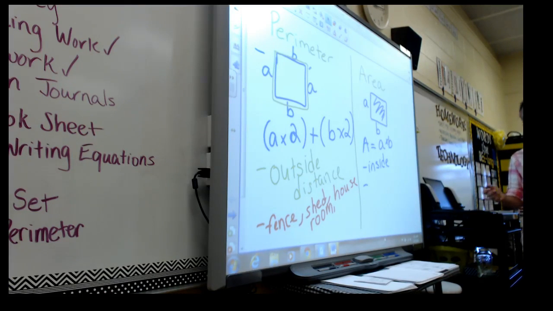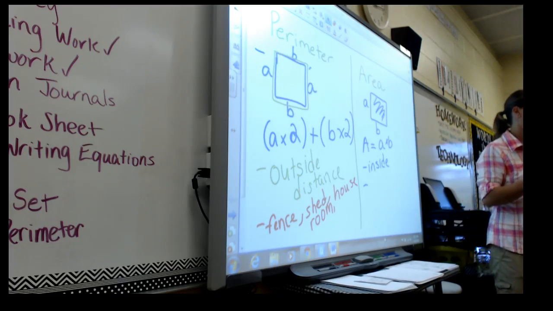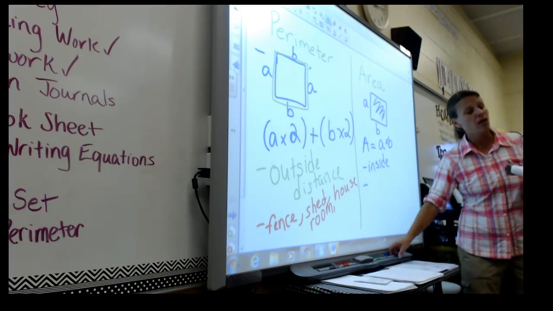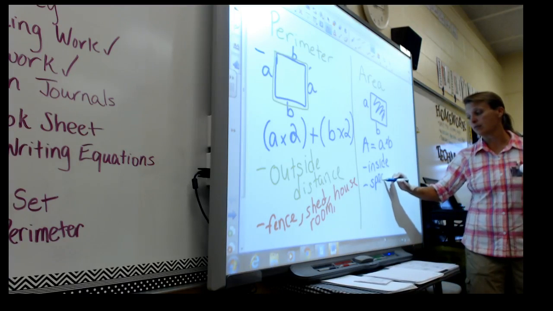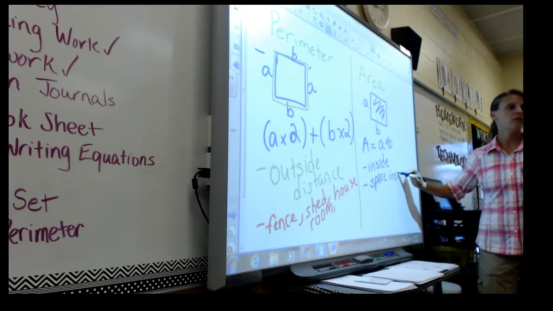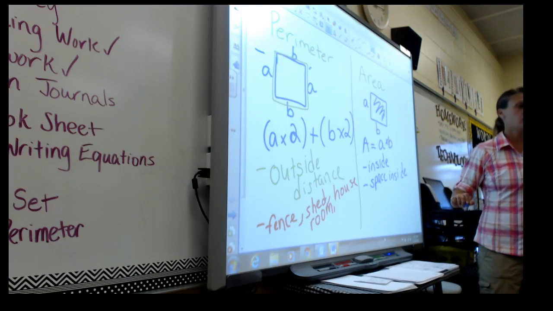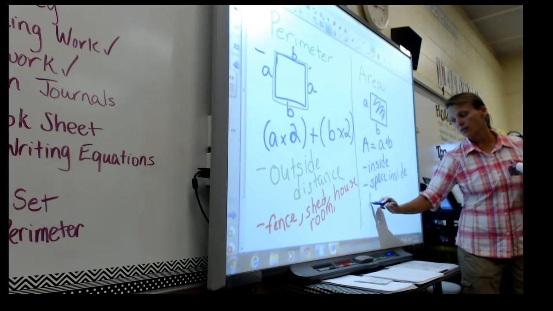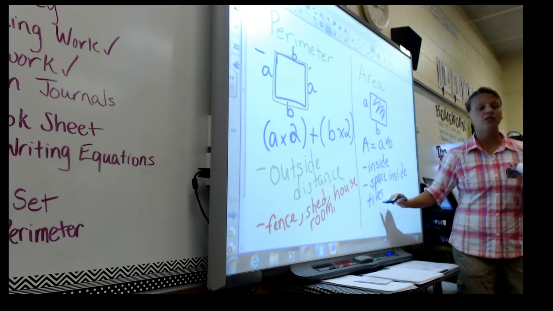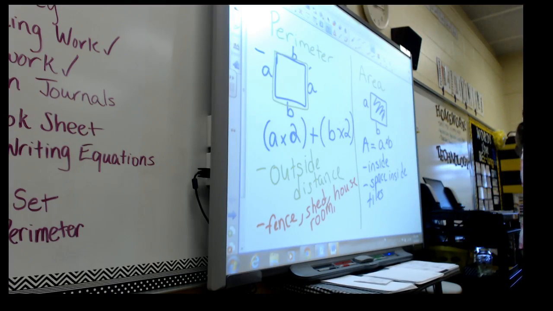Mary Margaret, what would I use the area for? Yeah, how much space? So space inside something. Lena, what else? Very good. She said if you're going to put tiles down in your house, you've got to know. Haley, what do you think? Any other ideas of what you think?